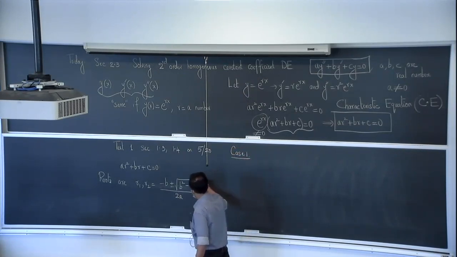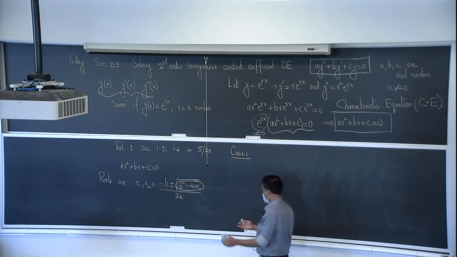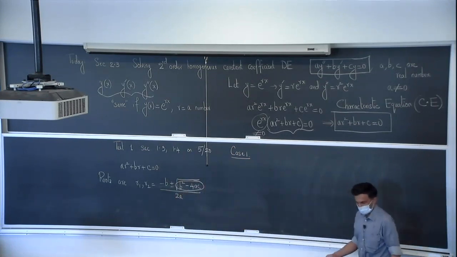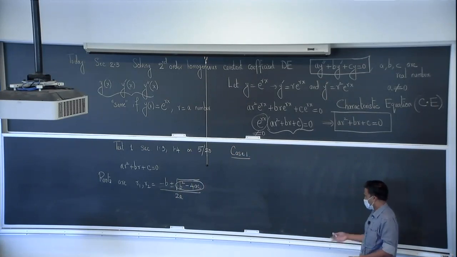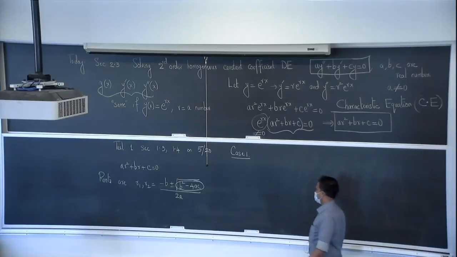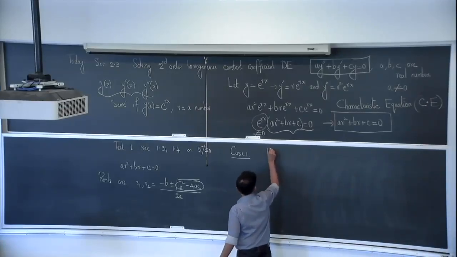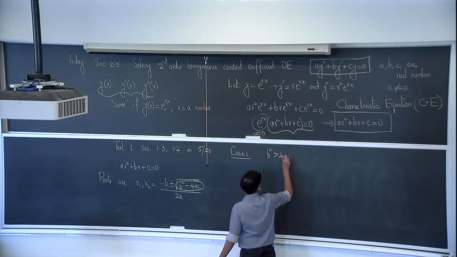And all of us know that depending on the behavior of this term, the square root is going to give you either two real roots, or one root, or two imaginary or complex roots. So case 1, B square is greater than 4AC.